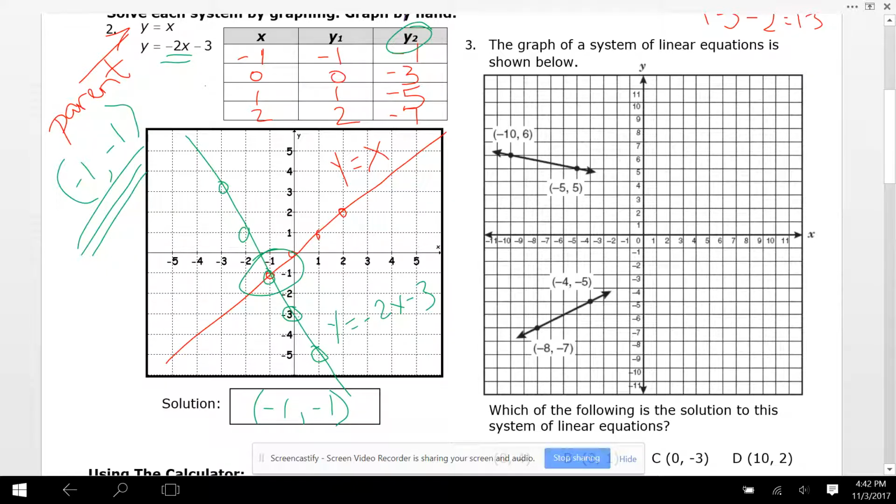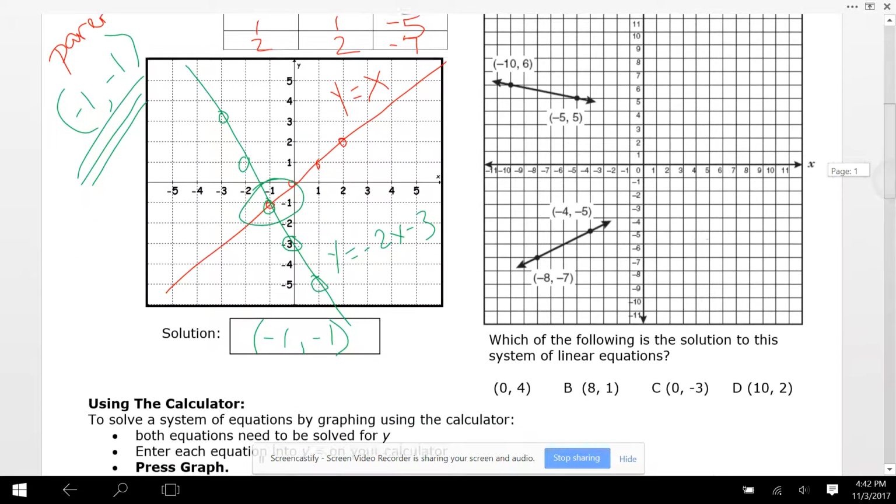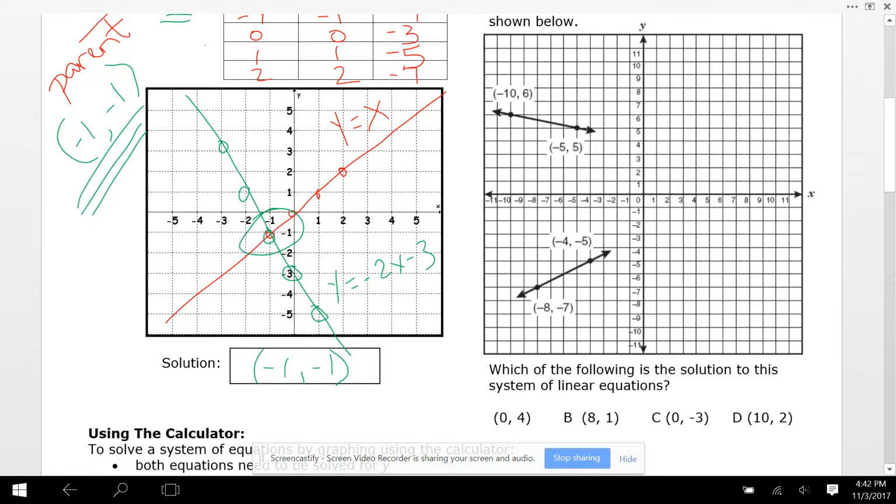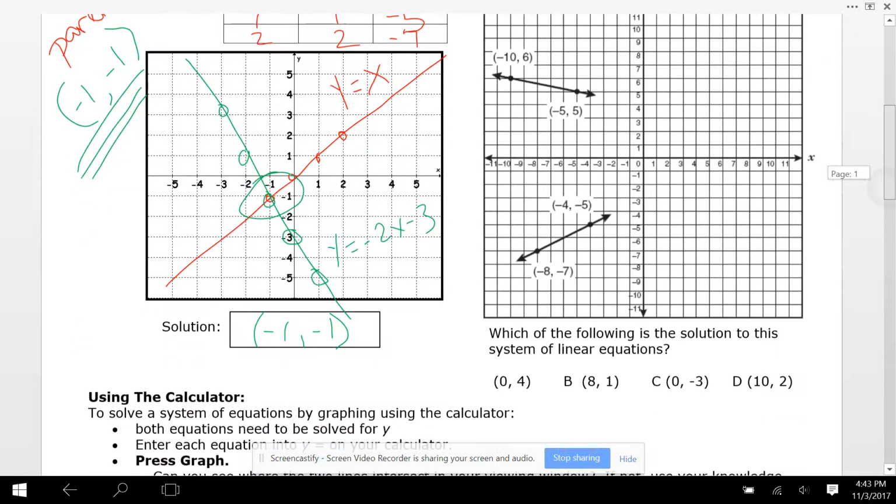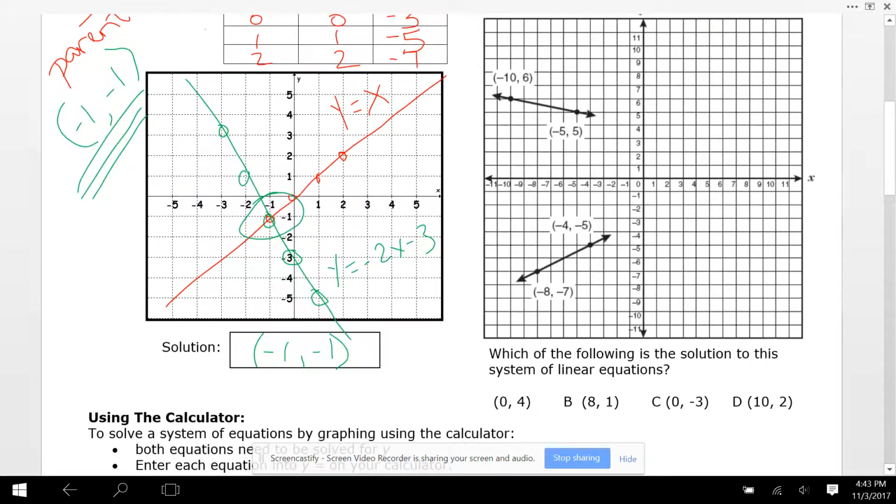All right, so we're looking for a solution to this one. So I have a couple things I can do. I could, I guess if I were solving by hand, I would hope I could draw a straight line, and I would extend the lines to see where they cross.